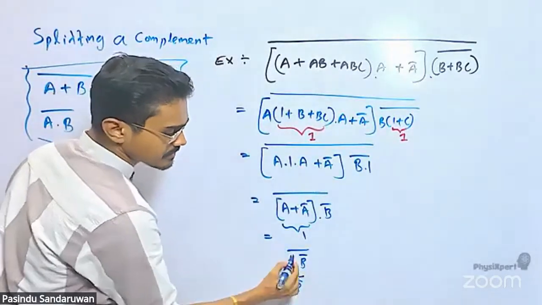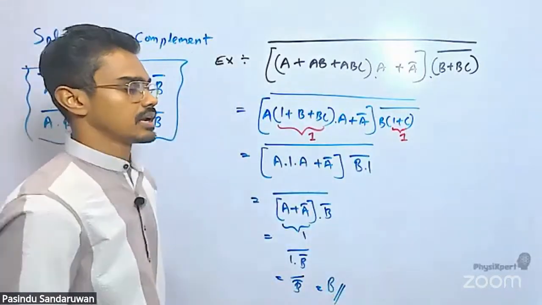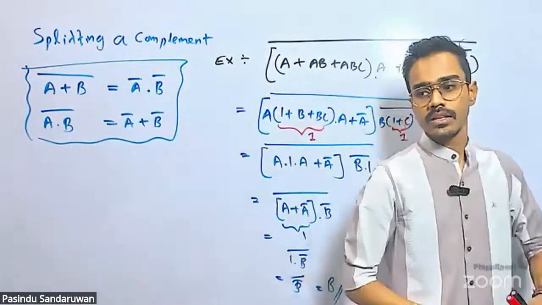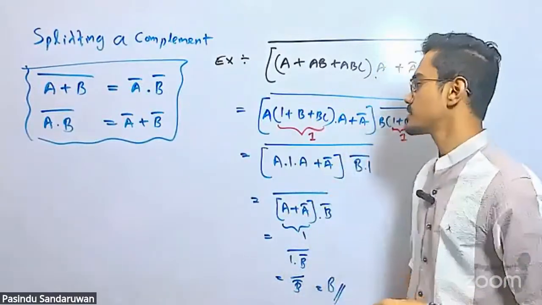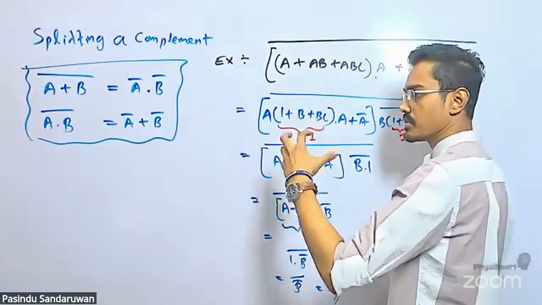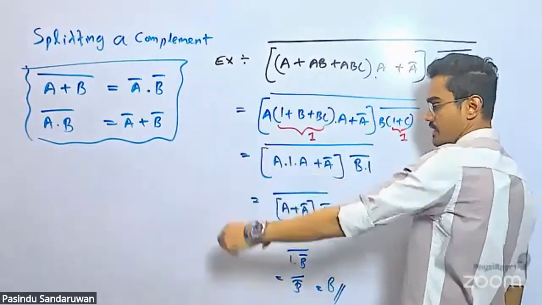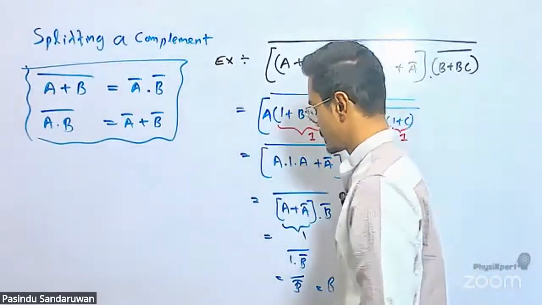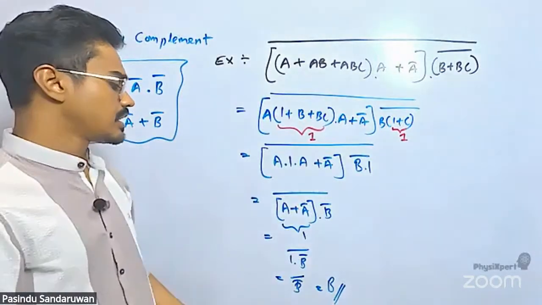We have another bar here, B double bar, which means B. Final answer, B. Likewise, you have to simplify this properly, applying all the simplifications we did earlier. Final answer is B.